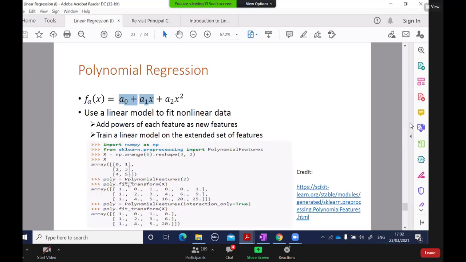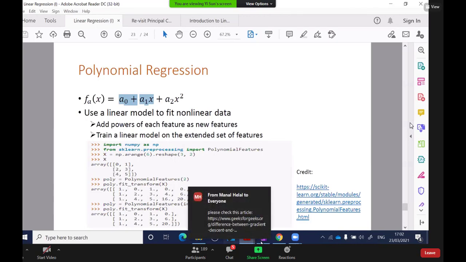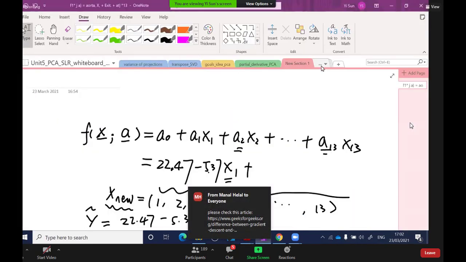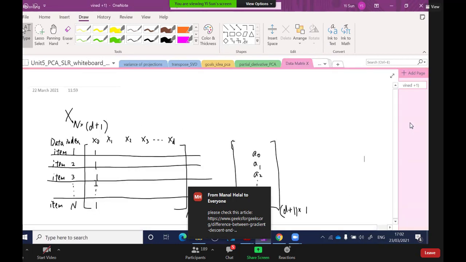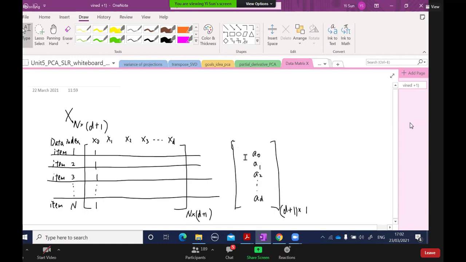If I want to generate polynomial features to the power of 2, what does it mean? This is my dummy column. Remember when I talked about the data matrix, I have a column so that I can multiply it with a 0. So this is one column.